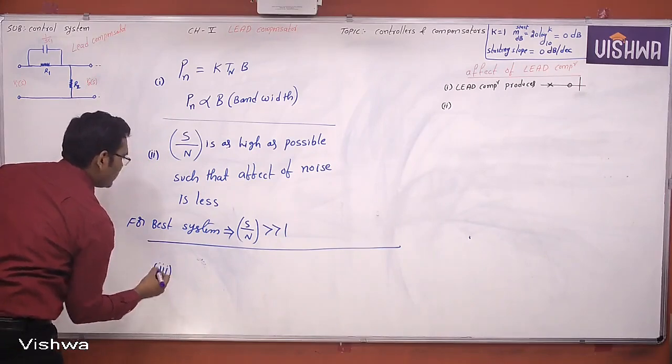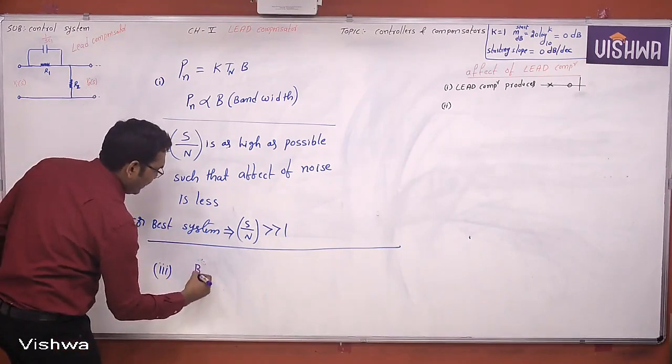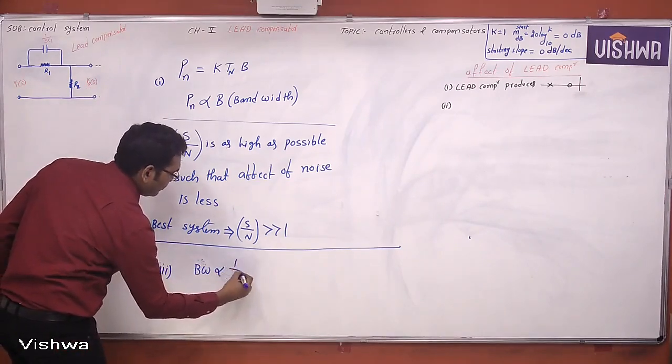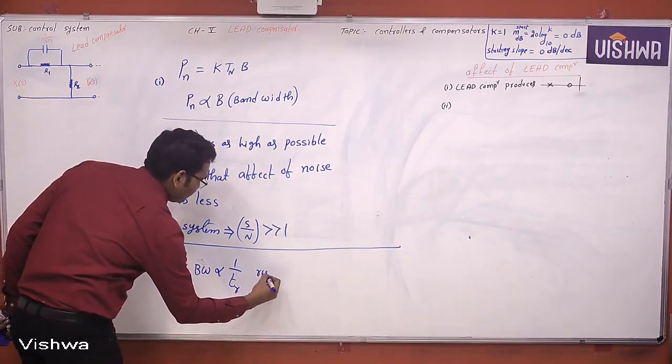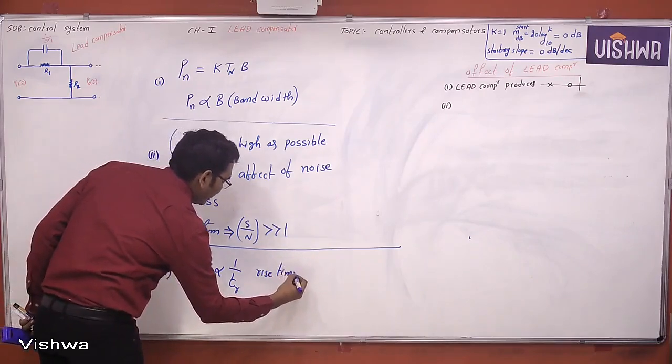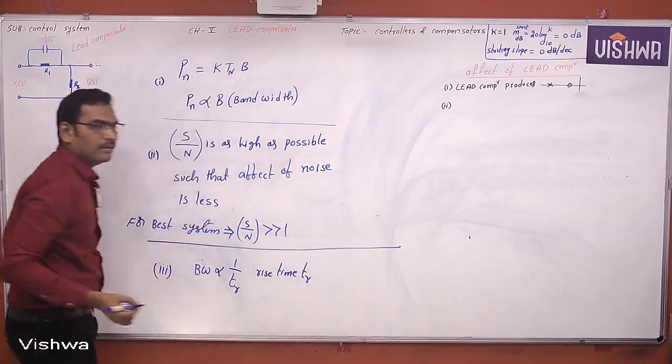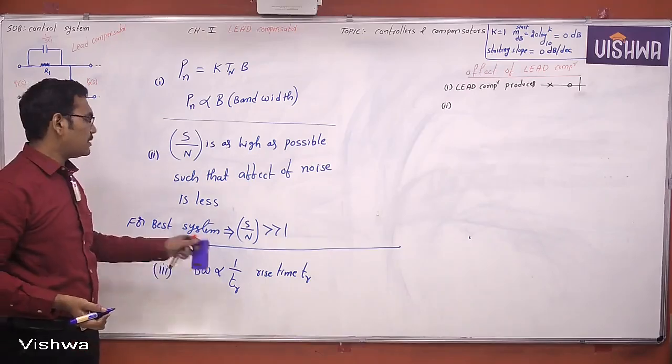The third point is that bandwidth and rise time are always inversely proportional. Rise time, you know the definition and everything. So bandwidth and rise time are always inversely proportional.